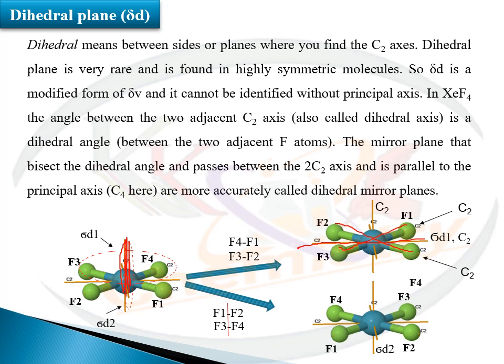One sigma d is here and the second one is over here. The first sigma d cuts through F4, F1, F2, F3, and the second sigma d passes between F1, F2, F3, F4.